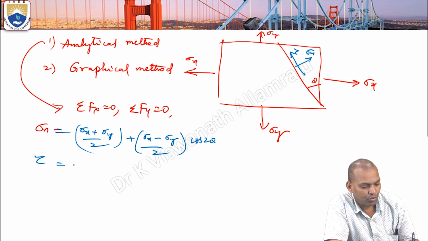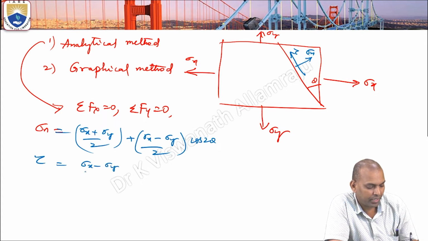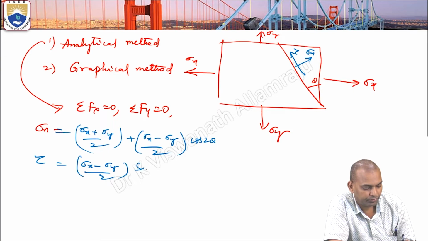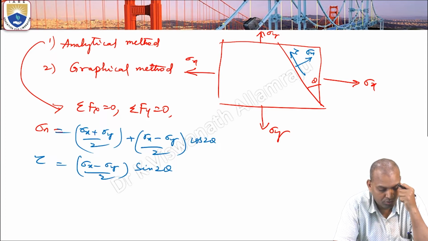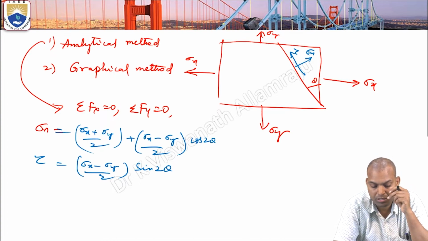And tau is sigma x minus sigma y by 2 sin 2 theta. So in this manner we derived the formulas of normal stress and shear stress.